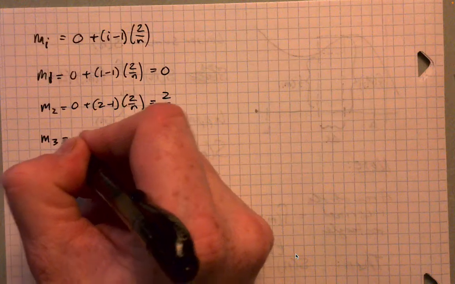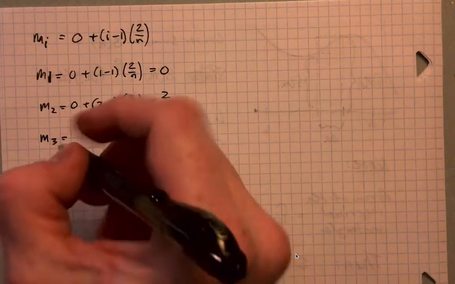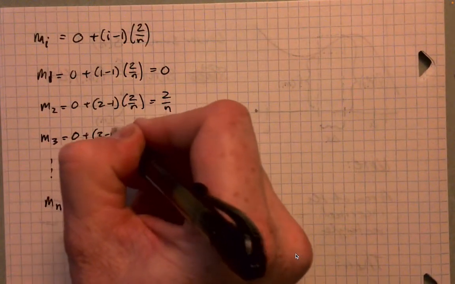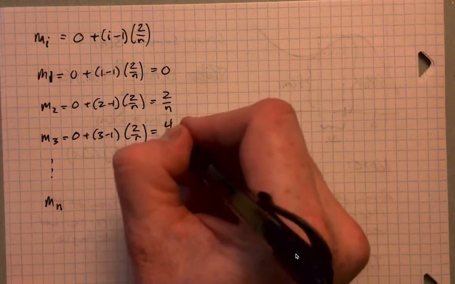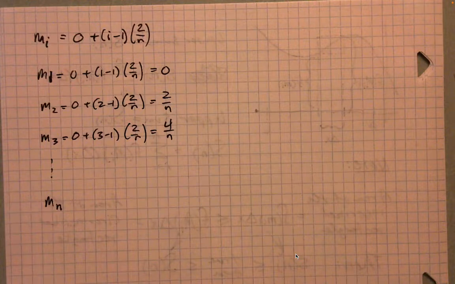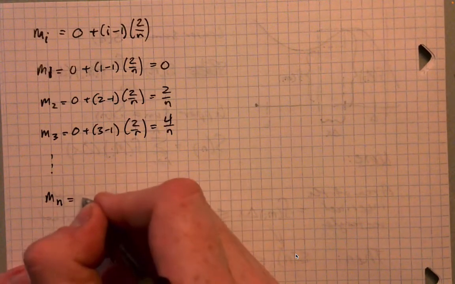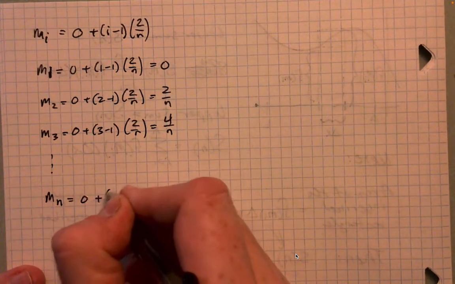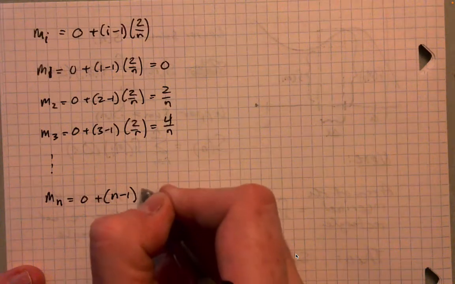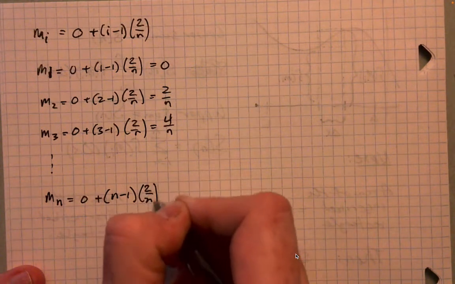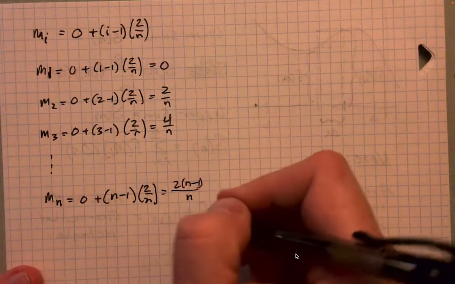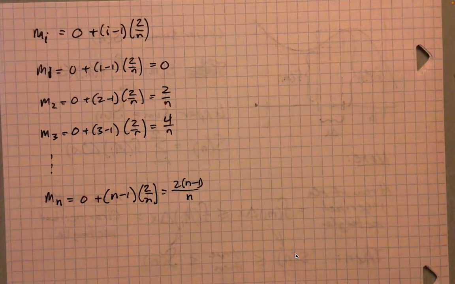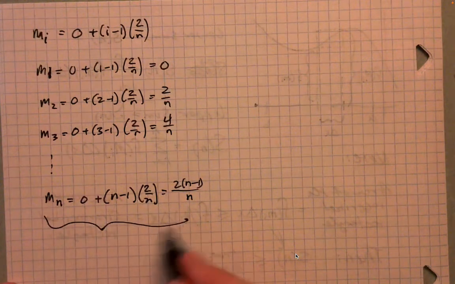Then when you plug in i equals 3, 0 plus (3 minus 1) times 2 over n, you get 4 over n, and so on. Down here, you get 0 plus (n minus 1) times 2 over n, and so you get 2 times (n minus 1) over n. Okay, these are the left endpoints.